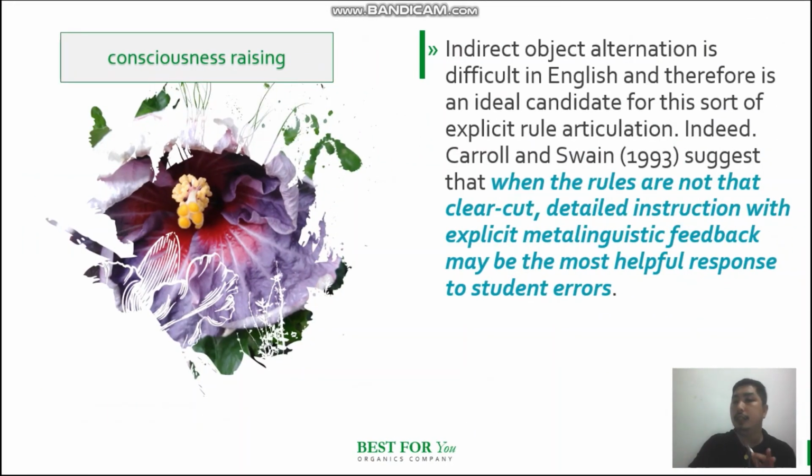To continue, indirect object alternation is difficult in English and therefore is an ideal candidate for this sort of explicit rule articulation. So, when the rules are not that clear-cut, detailed instruction with explicit metalinguistic feedback may be the most helpful response to students' errors.